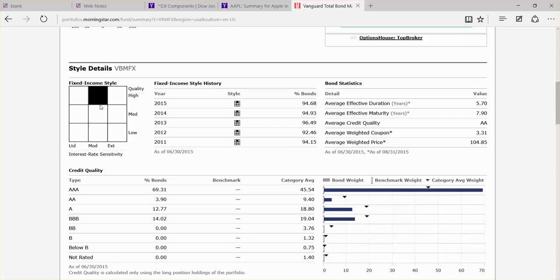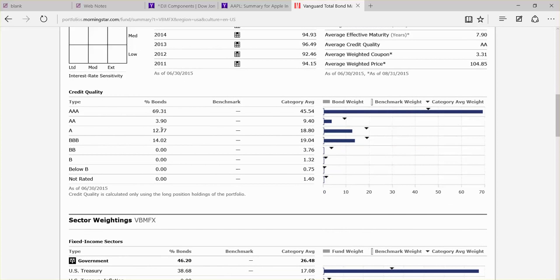It's moderately sensitive to interest rate changes, and it only has high quality bonds. And by high quality, remember the two main tiers of the bond rating are investment grade and speculative. This one doesn't have any that fall in the speculative category. 70% are the top highest rating.